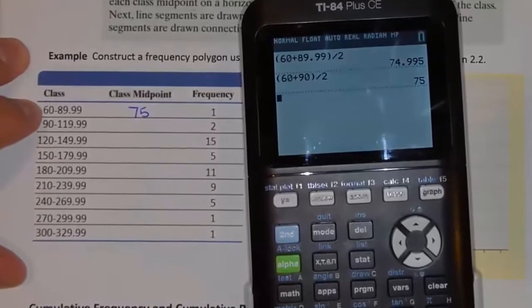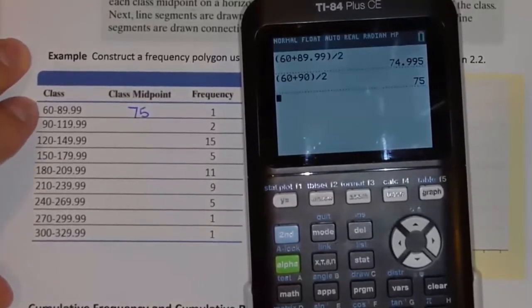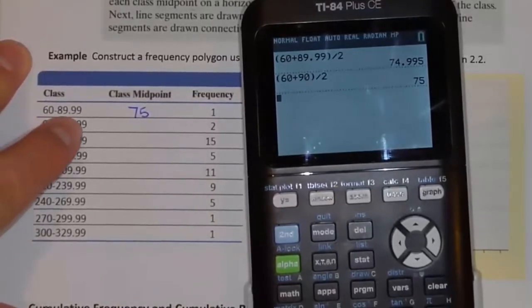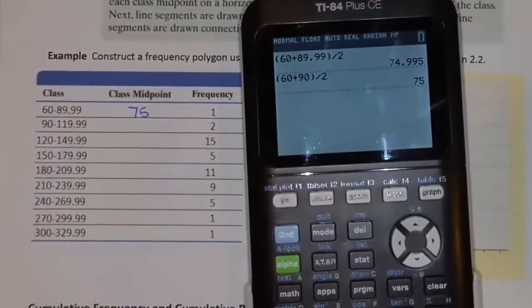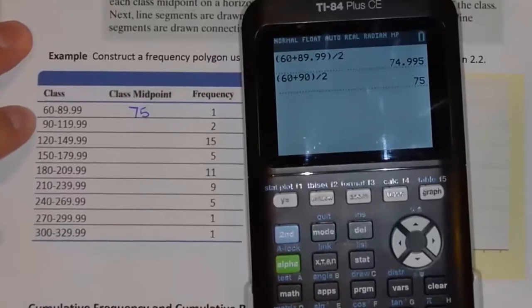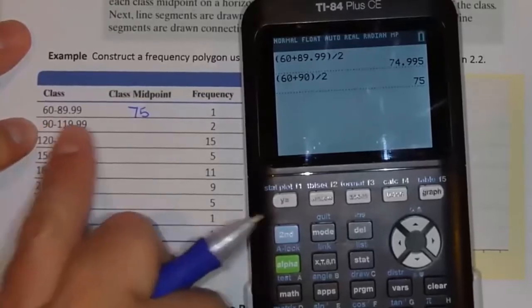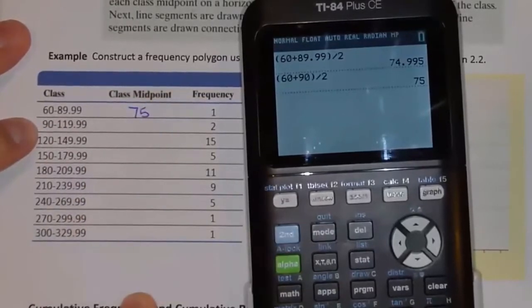Since we're talking about continuous data, and usually it's continuous data that we're dealing with, that data doesn't really stop at 89.99. For example, if it's continuous data, it goes on to just before 90. So in my opinion, the way we're doing it is the better approach, but someone else could disagree with me, and that's fine. So anyway, I've got to find all the class midpoints.